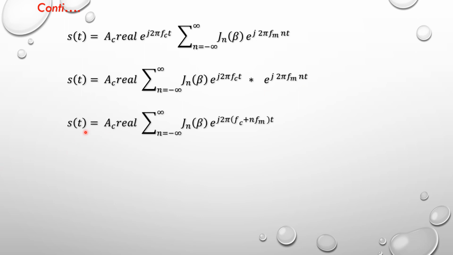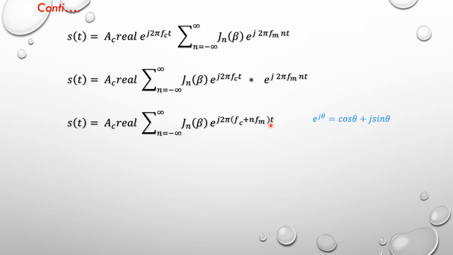S of t is equal to Ac real summation from n equals minus infinity to infinity of Jn of beta. Here we have two exponential terms, with j 2 pi as the common factor and frequencies fc and n into fm. So it is equal to fc plus n fm, into t.